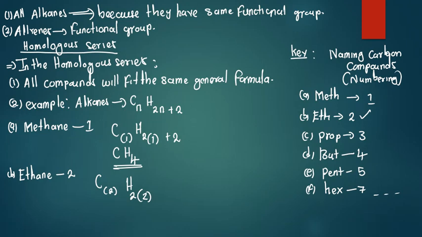Then of course a 2 here plus a 2. So we're going to have 2 H. 2 multiplied by 2, it's a 4, plus 2, it's going to be a 6. So that is going to be our formula for ethane. Please make sure that you do the rest. It was just an example.